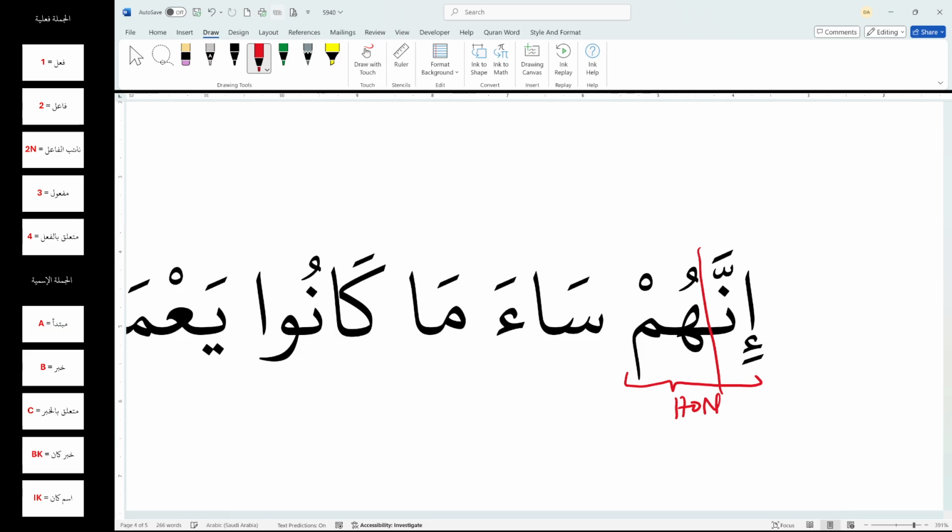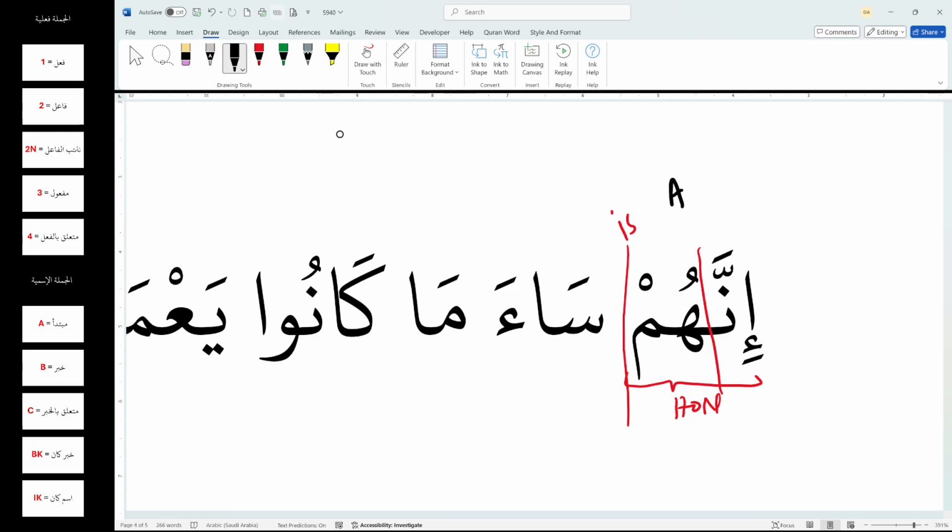We also know that when the harf of nasab fragment shows up, there is an invisible is after it. And when the harf of nasab shows up, we normally label it as a mubtada. So this is a mubtada, which indicates to me that this is the beginning of a jumla ismiya.